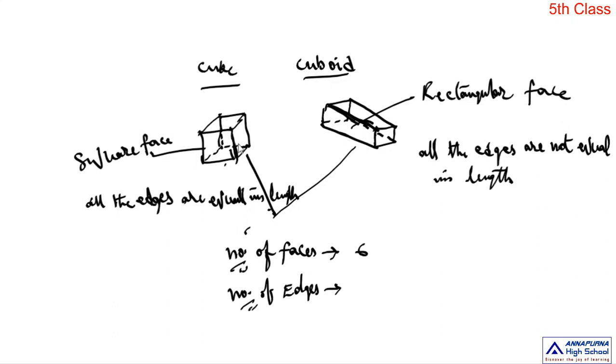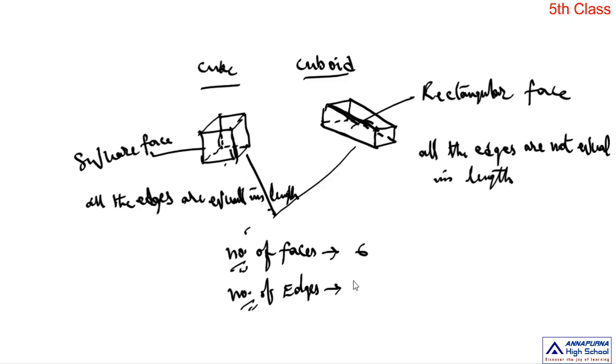Did you understand? How many edges are there? Now count again. 1, 2, 3, 4, 5, 6, 7, 8, 9, 10, 11, 12.